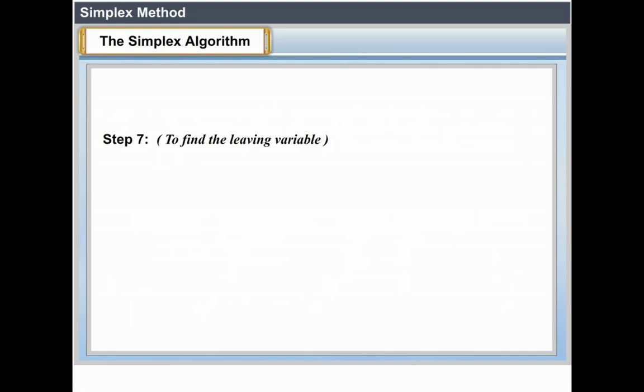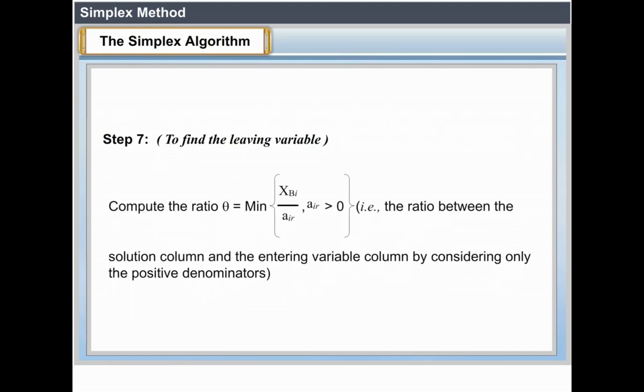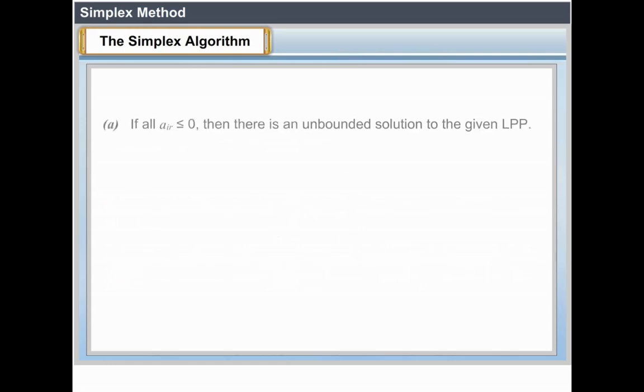Step 7. To find the leaving variable. Compute the ratio theta equal to minimum of xbi divided by air, air greater than 0. That is the ratio between the solution column and the entering variable column by considering only the positive denominators.